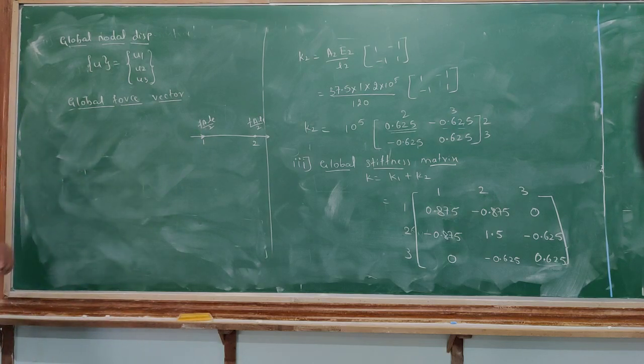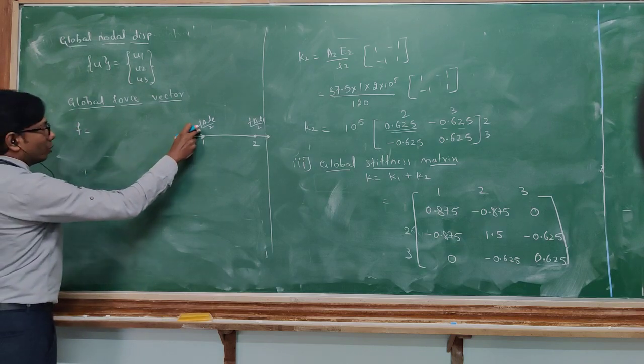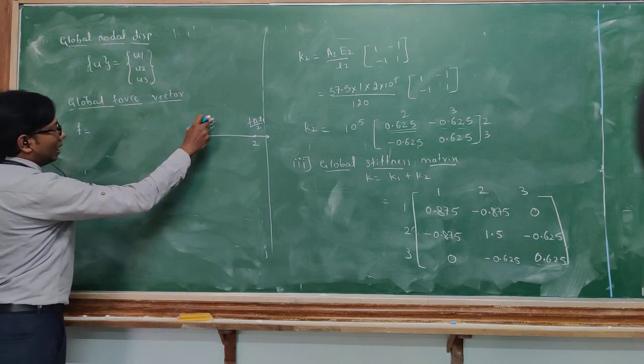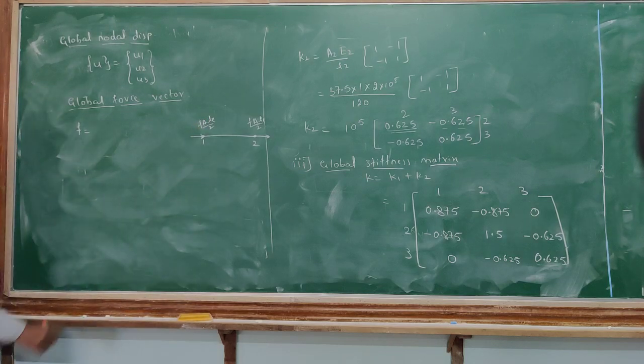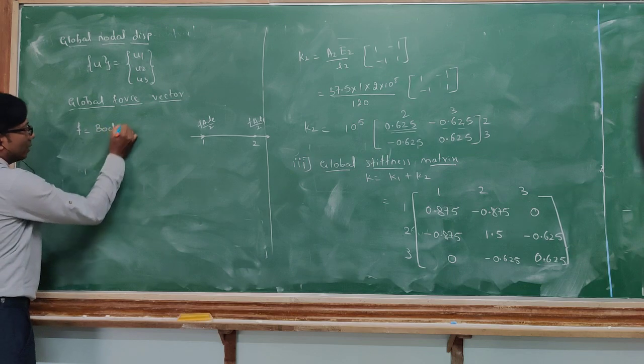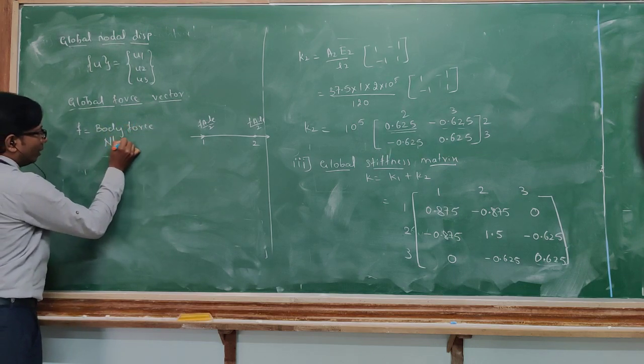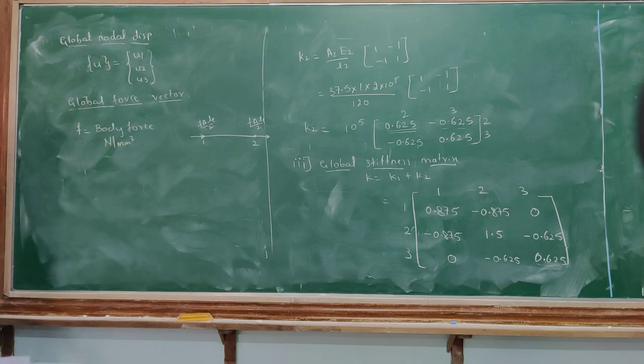The same thing will be followed here. Here F is the body force, A is the cross sectional area, Le is the length of the element. F is basically a body force which is given in the unit Newton per meter cube or Newton per mm cube.